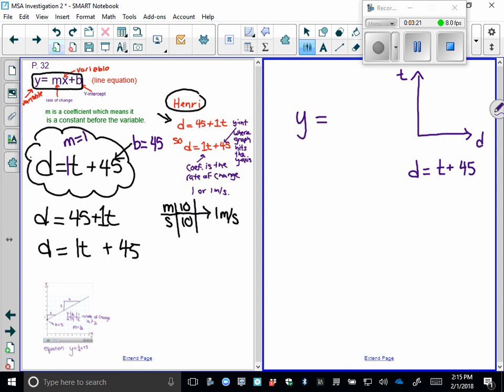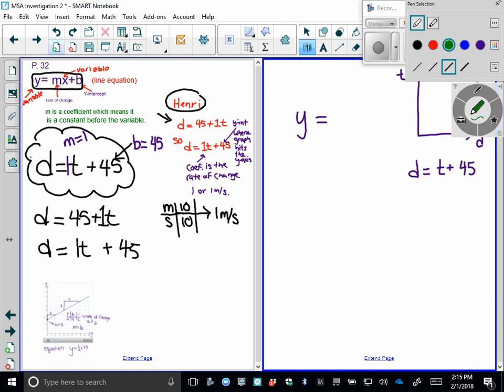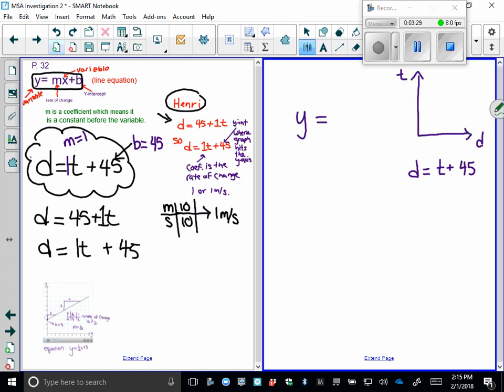But basically, you just want to get used to seeing that this is also just the x-axis. So, in other words, you could think of this as the x-axis, and this as the y-axis. And so now they will say y equals x plus 45.